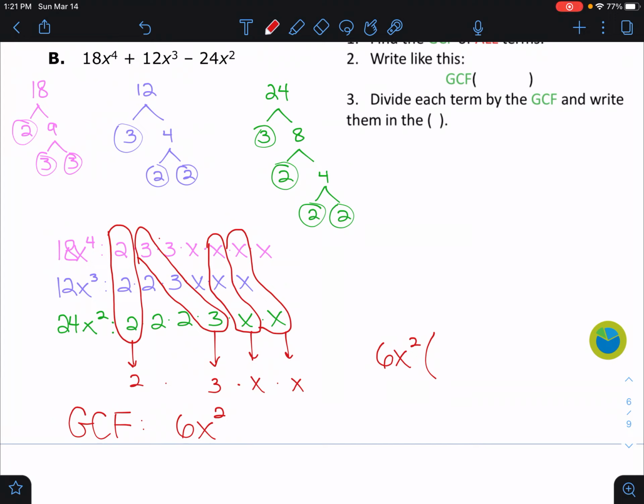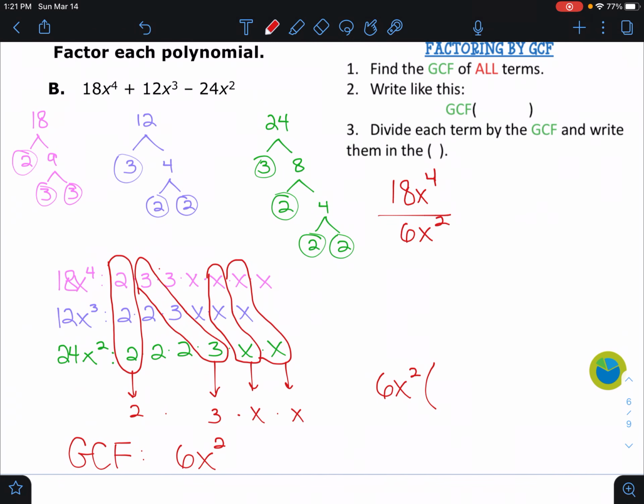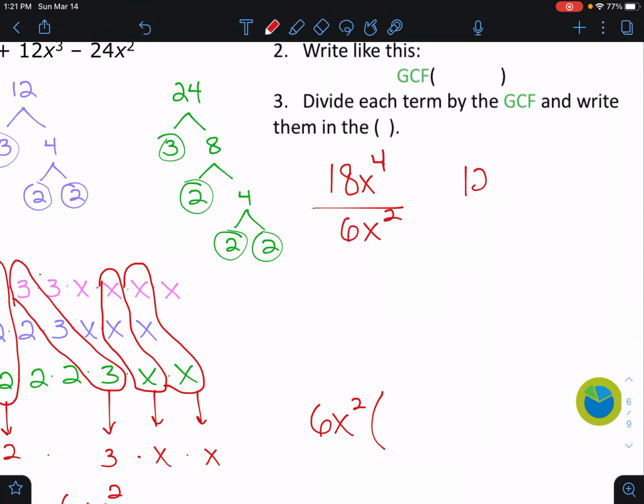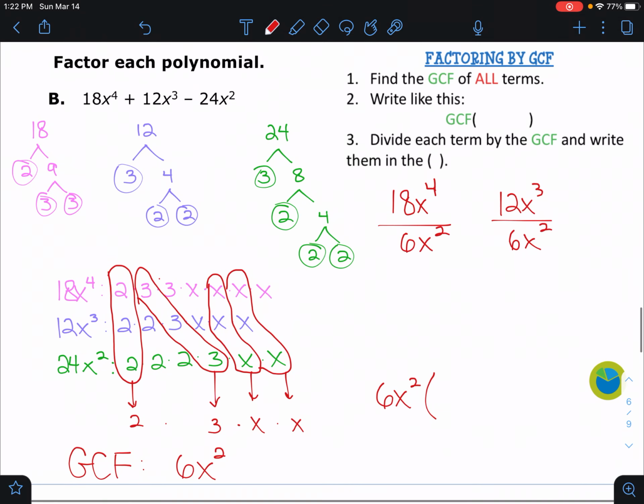So now I've got 18x to the 4th divided by 6x squared. I've got 12. It's a positive, so here's where I want to keep these positives or negative. This is where I want to keep this in mind. 12x to the 3rd divided by 6x squared.